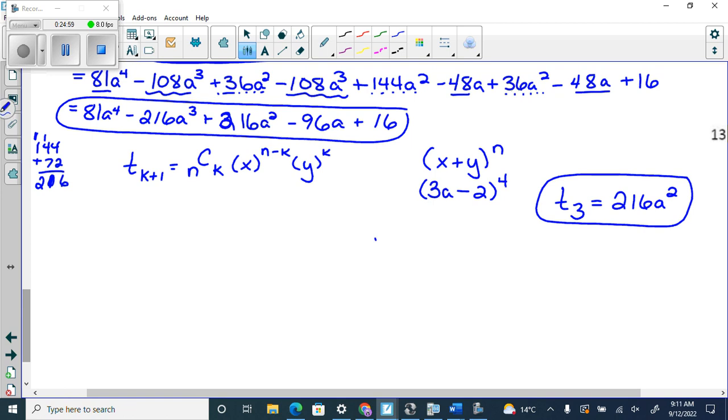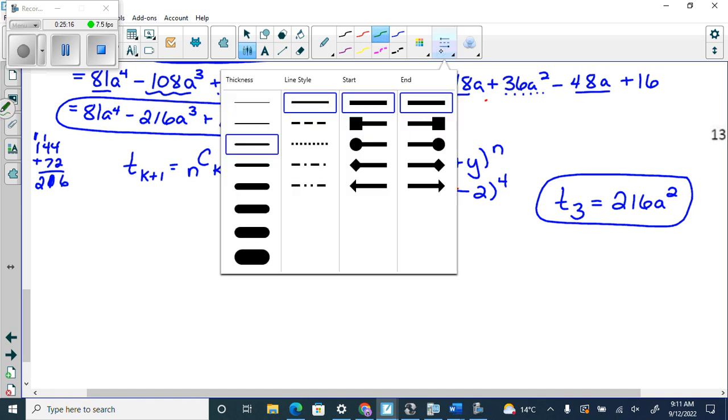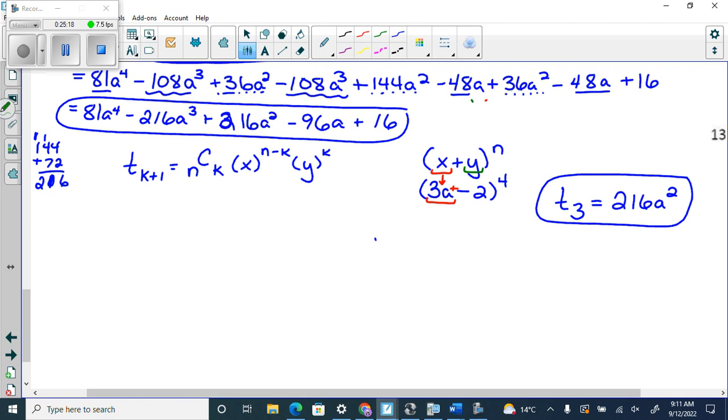But what did I tell you it has to have in between it? A plus sign. So all you have to remember is that you can put a plus sign in between here, correct? So your x is actually 3a. Your y is actually negative 2. And your n is 4.